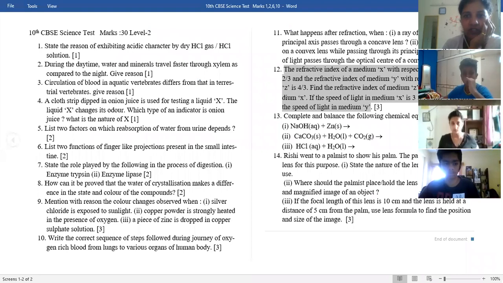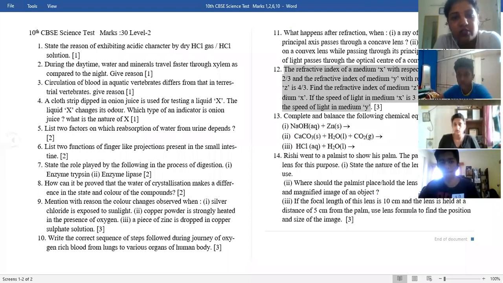What happens after refraction? A ray of light parallel to the principal axis passes through a concave lens. It appears to diverge from the focus of the lens. So it diverges, but appears to diverge from the principal focus F1.